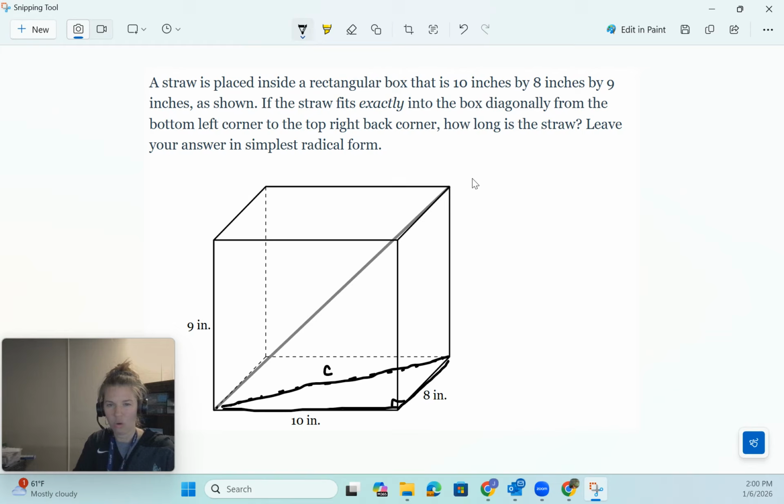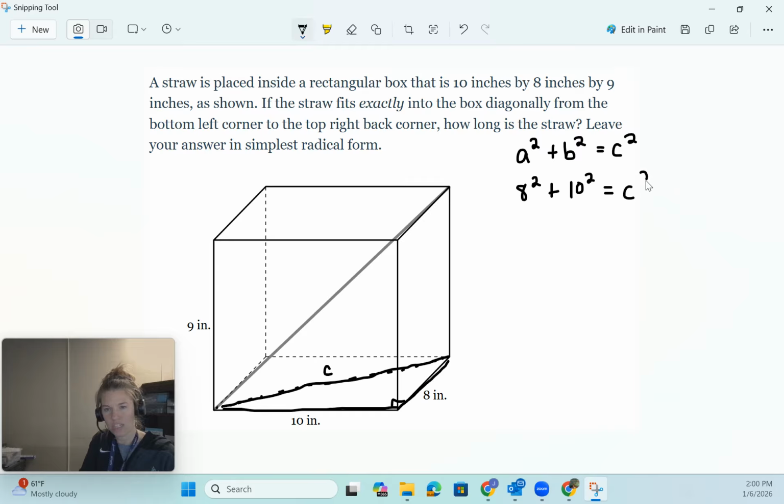Now we're going to use our same formula, a squared plus b squared equals c squared, for our Pythagorean theorem. In this part of the problem, our a is 8 squared, and our b is 10, and we square that, equals c squared.